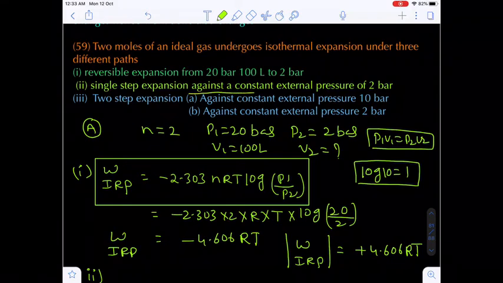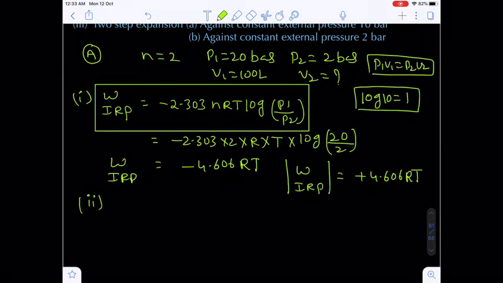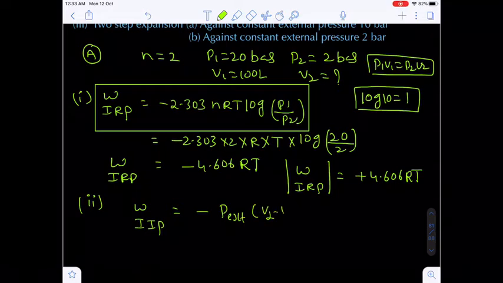Remember, whenever the question says against a constant external pressure, that corresponds to an irreversible process. So what will be the work done in an isothermal irreversible process? That will be minus P external into change in the volume.